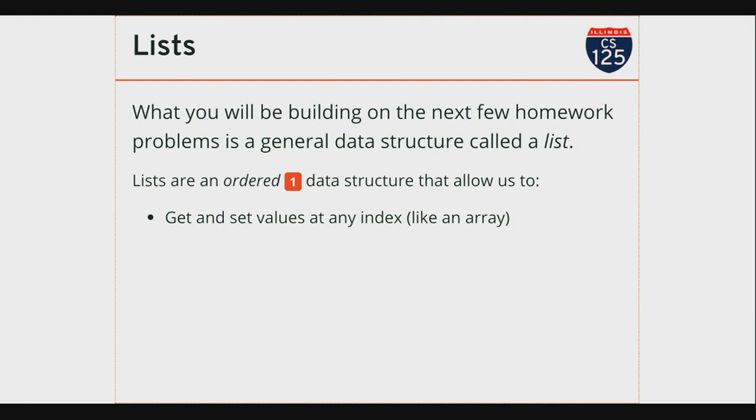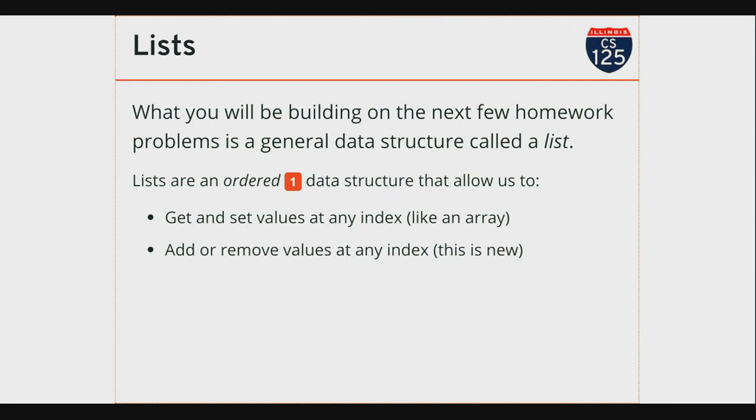For example, you can get and set values in the list, just like you get and set values in an array. To do that, you use get and set functions. You don't use bracket notation, but the list provides that function for you. However, this is a generalization of an array, so it has some new features.